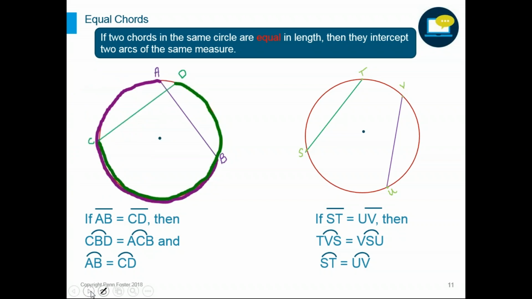So this is just a visual representation of what they mean. So ACB, the major arc here, will measure the same as the other major arc that this chord makes or intercepts or divides.